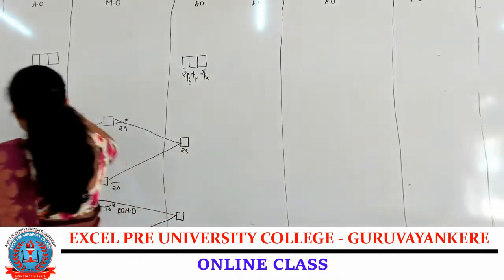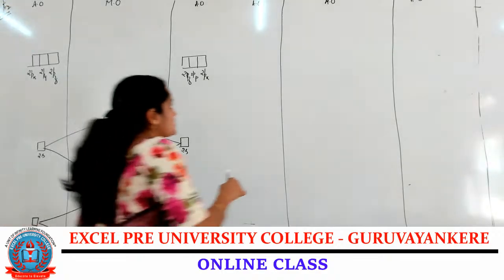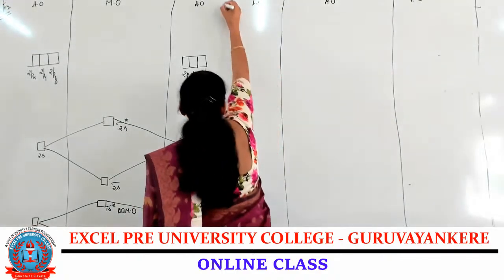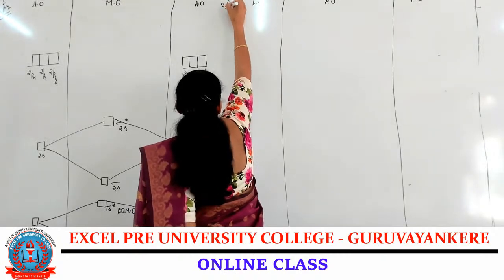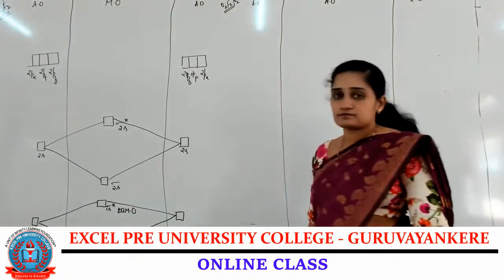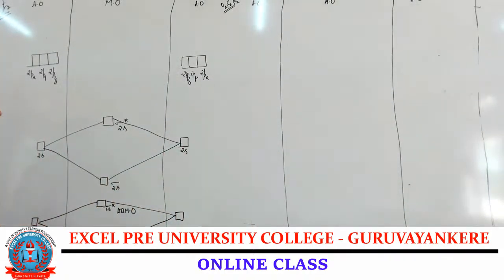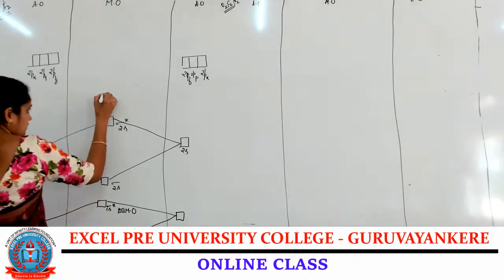And this electronic configuration I am writing for the O2 molecule and the F2 molecule. This one I am writing for the C2, N2 molecules. There is a little bit of change in the arrangement of the electrons in the molecular orbitals.